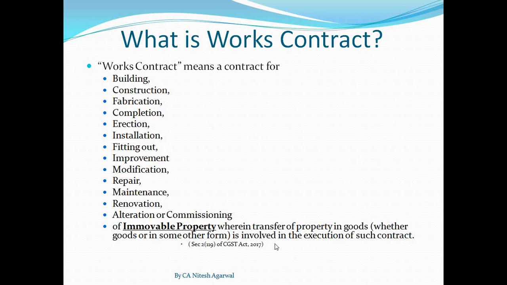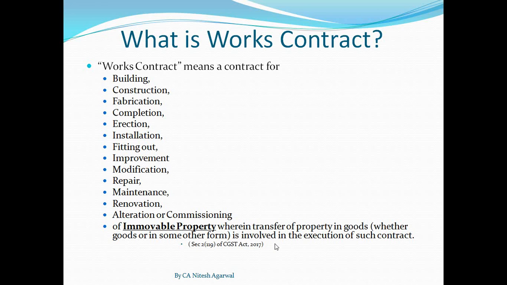So in this case, labor is a type of supply of service, whereas goods, that is cement, is also provided in order to bring into the picture the immovable property, being a building. So this type of contract will construe to be a works contract.